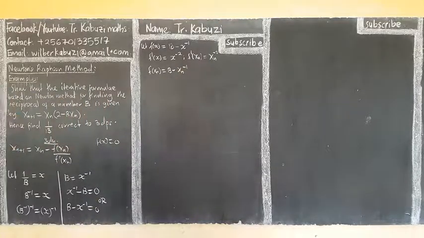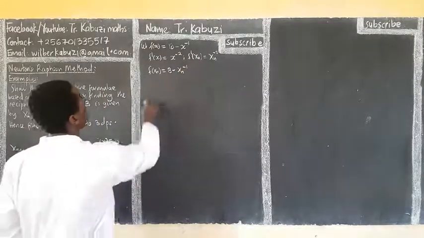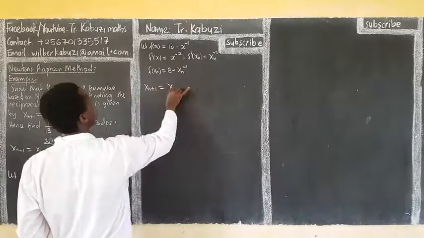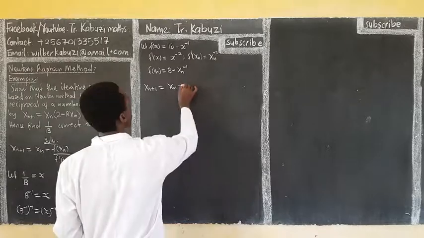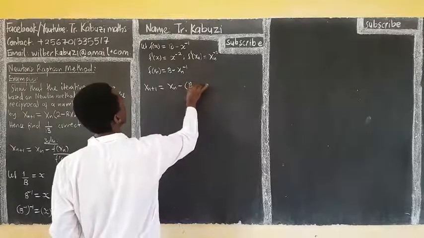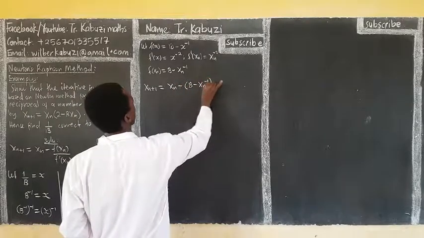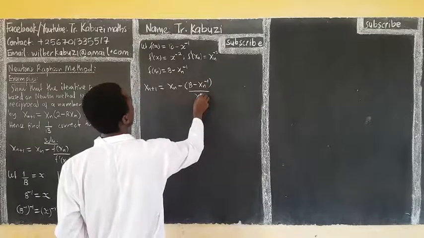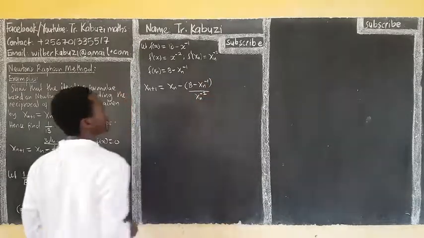After that, now I substitute into the formula. It's going to be now xn, then minus this, then the whole over the derivative, which is xn power negative 2.